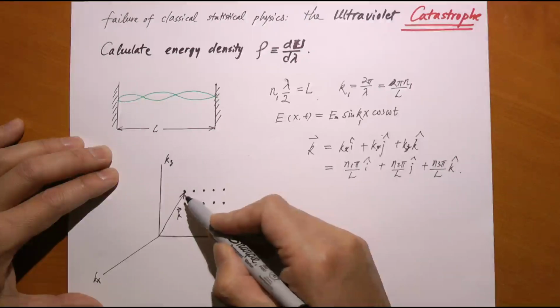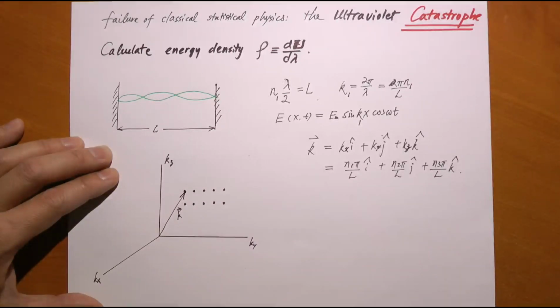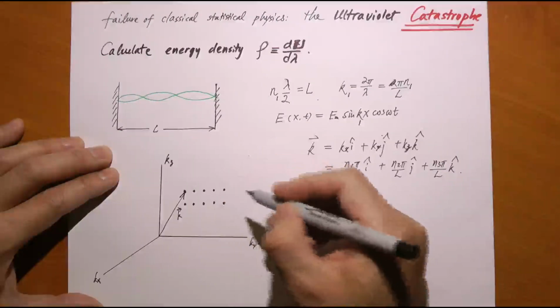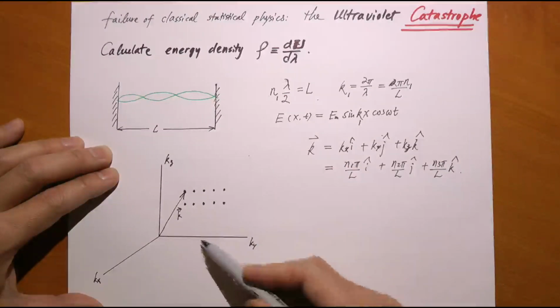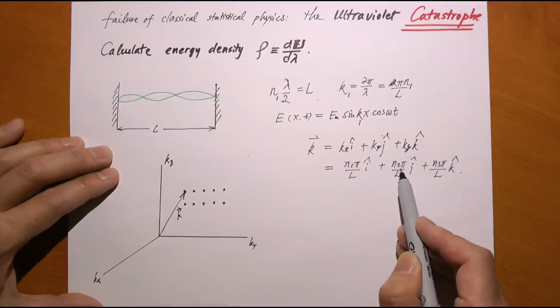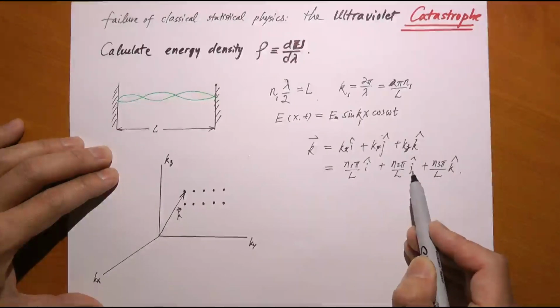Each of the k vector represents a certain state, a certain type of electromagnetic wave. And if you look at neighboring dots, the separation between this dot and next dot, in this case, they only vary in the y direction, and then you have n2 differing by 1 unit here, right?